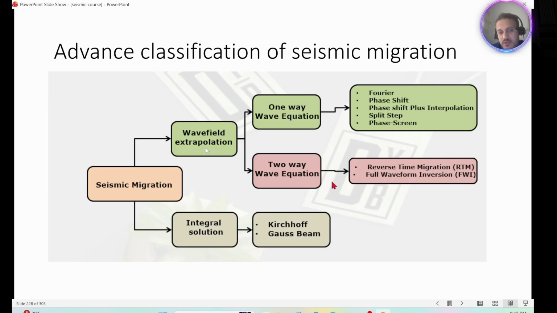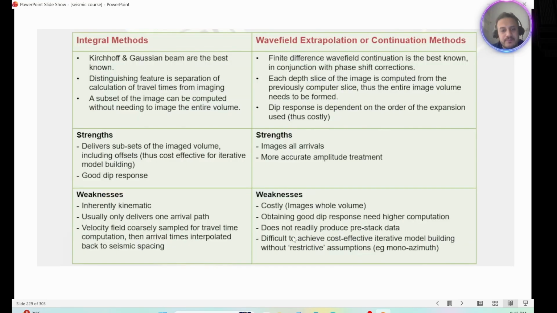Within the wave field extrapolation we have one-way wave equation and two-way wave equation. In one-way we have Fourier, phase shift plus interpolation, and within two-way wave equation we have reverse time migration and full waveform inversion.